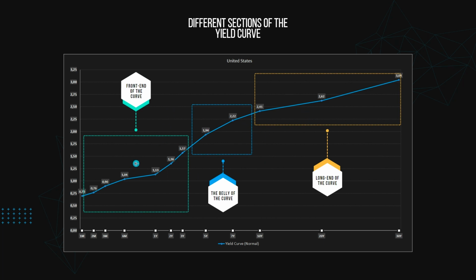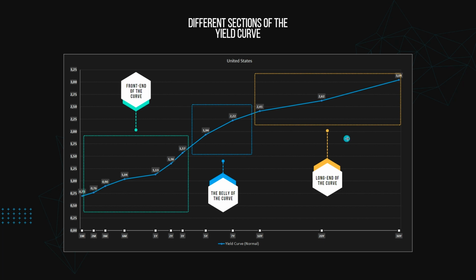The front end is mostly driven by short-term interest rate expectations. The belly is driven partly by short-term interest rate expectations and partly by growth and inflation dynamics. Then the back end of the curve is somewhat impacted by short-term interest rate expectations, but it usually places a much bigger focus on the medium-term inflation expectations firstly, and secondly, pays close attention to the growth dynamics as well.